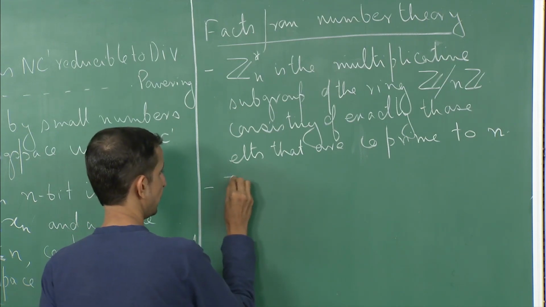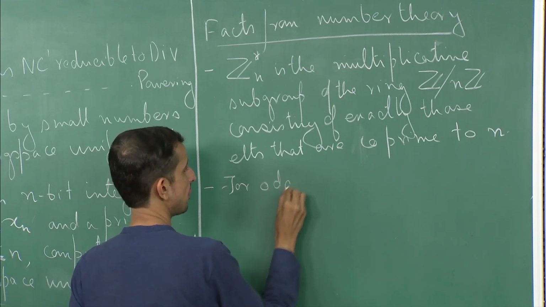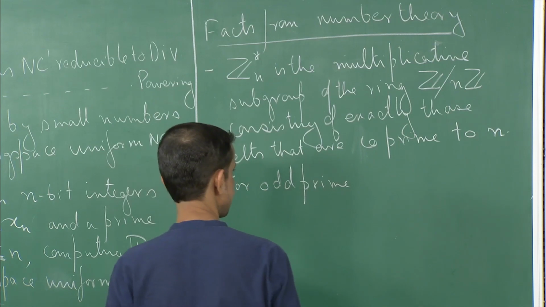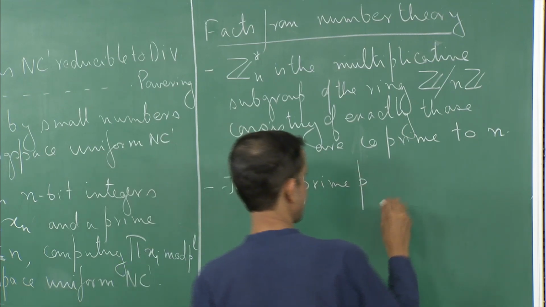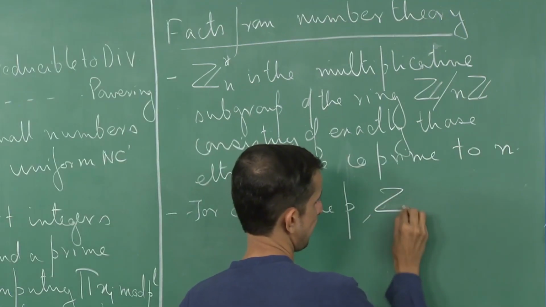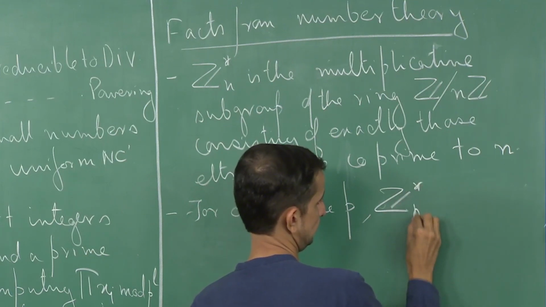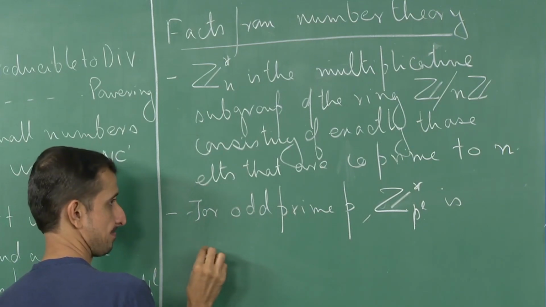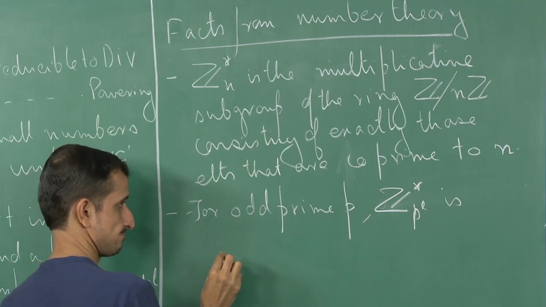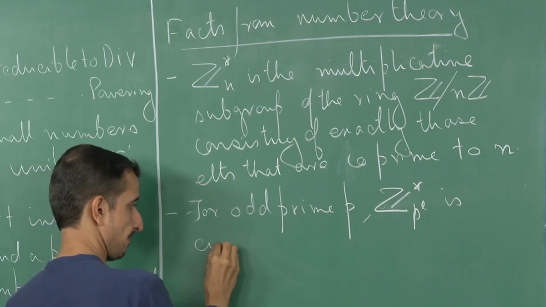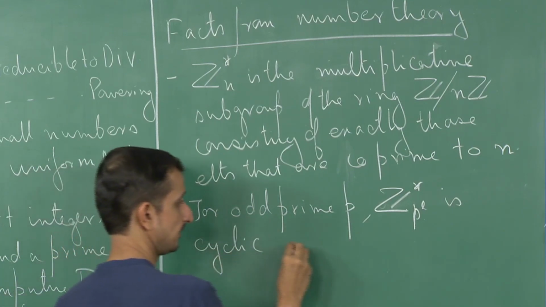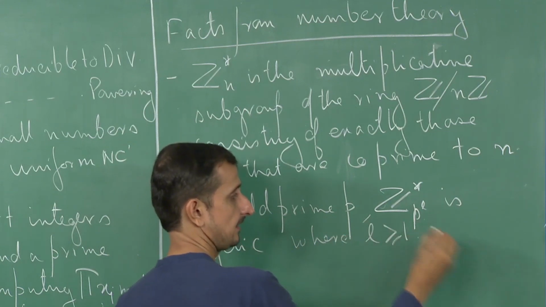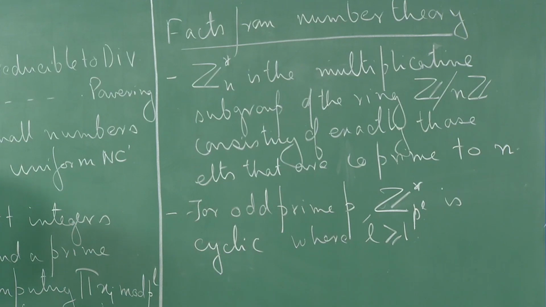Okay, for odd prime p, Z star p to the power L is cyclic, where L is a positive integer.